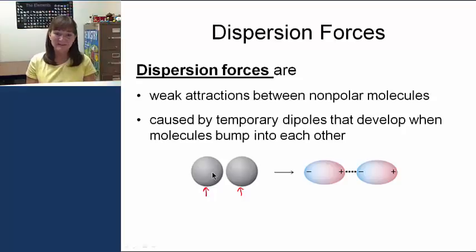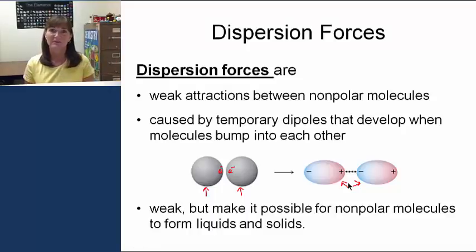But if they bump into each other, the electrons here in this cloud do not want to be around the electrons here. So it's going to cause these electrons to shift, and you end up getting this temporary dipole. And so the molecules end up sticking together, but it's very weak. So your dispersion forces are your weakest attractive forces between molecules. They're weak, but they make it possible for nonpolar molecules to form liquids and solids.